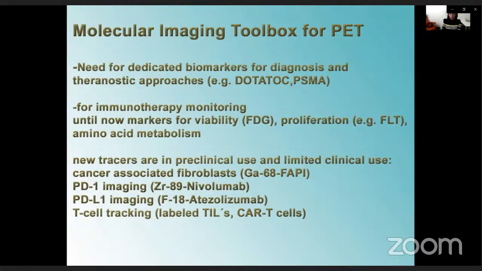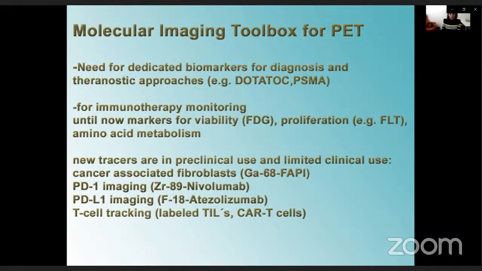On the other side, what is also needed are new tracers, which are in use, in preclinical use at least, and in limited clinical use. And these tracers are, for example, gallium-68 FAPI, which visualizes the cancer-associated fibroblasts.